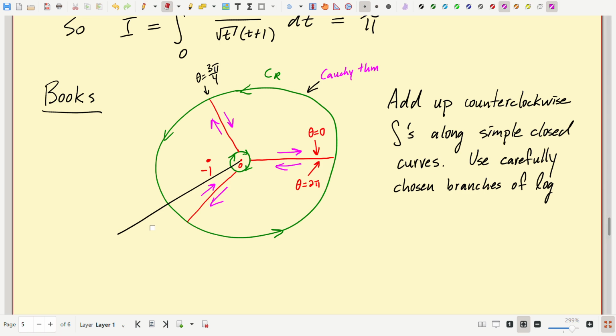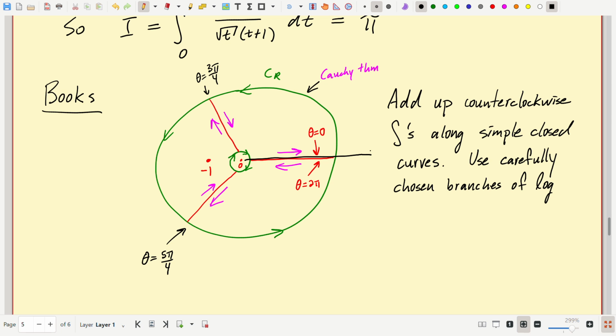Then when I do the next one, I want my angle to go from 3 pi over 4 to, how about, 5 pi over 4. And I want those angles to agree along my first cut. So I could take my branch cut to go out the positive real axis again for that second region, but on that region my angle would go from 3 pi over 4 to 5 pi over 4.